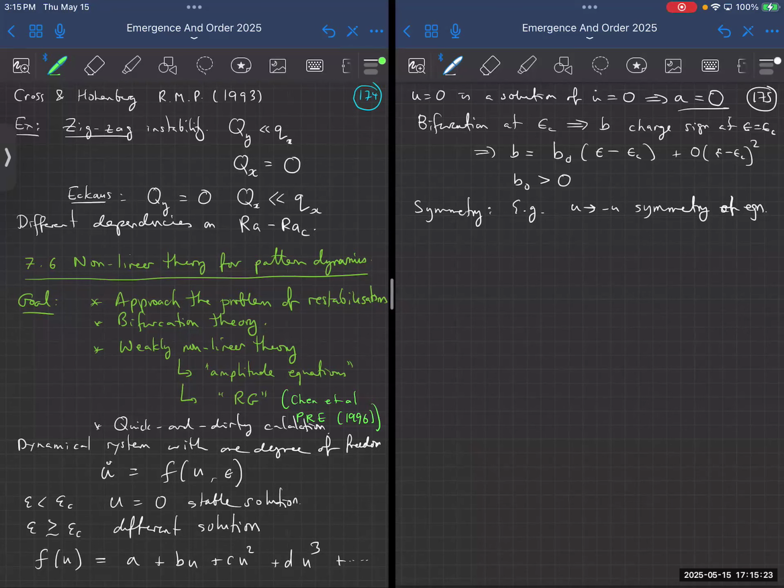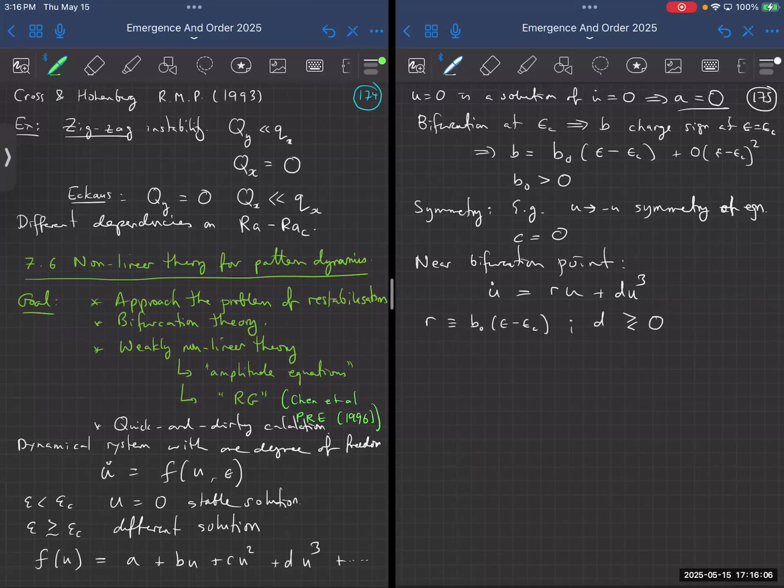So let's suppose, just for example, that we have such a symmetry, then that would tell you that C equals 0. And so that means that near the bifurcation point, we have the equation u dot is equal to r u plus d u cubed, where I've defined r to be b naught epsilon minus epsilon c, and d could be either positive or negative depending on the problem.